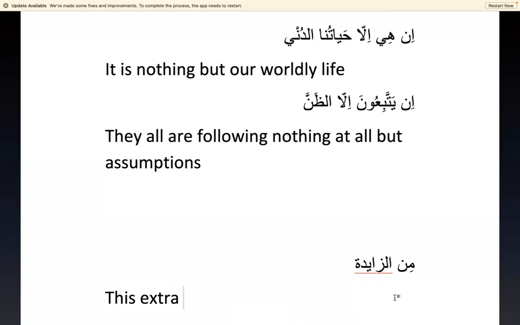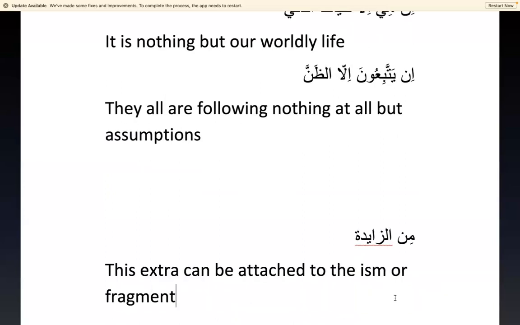Okay, it can be attached to the ism, or it can be attached to the fail, without changing the rule, without changing its role in the sentence.